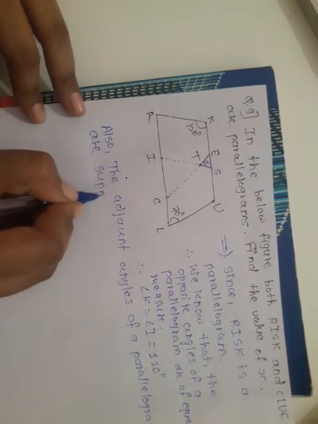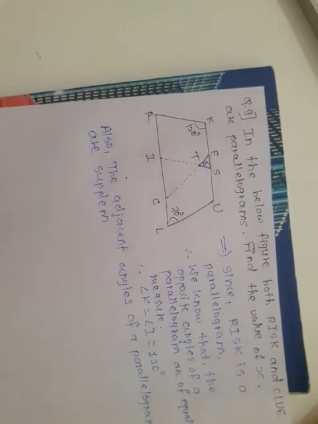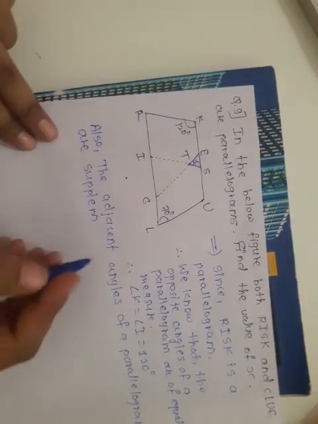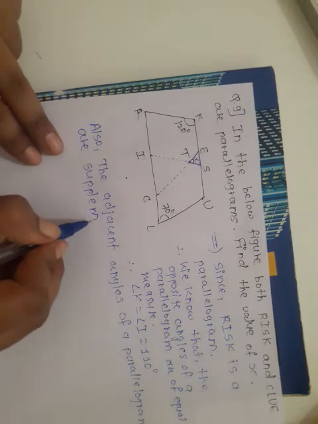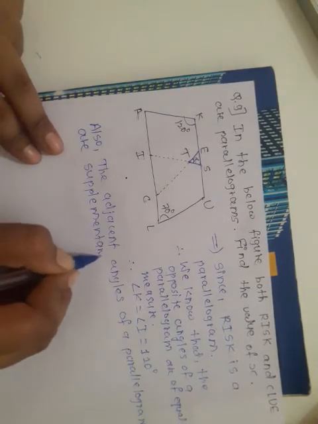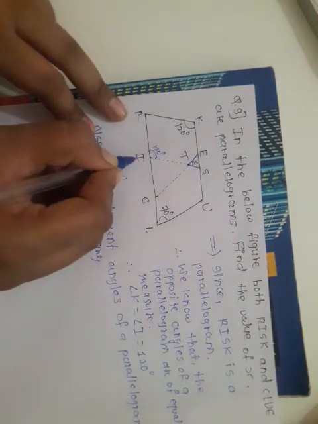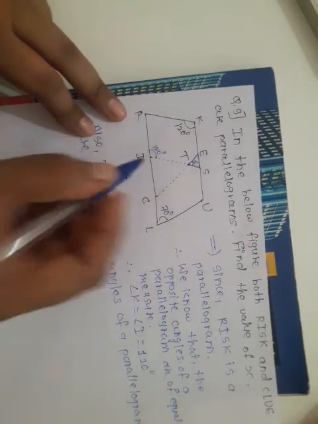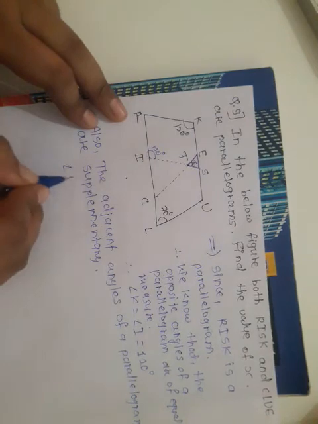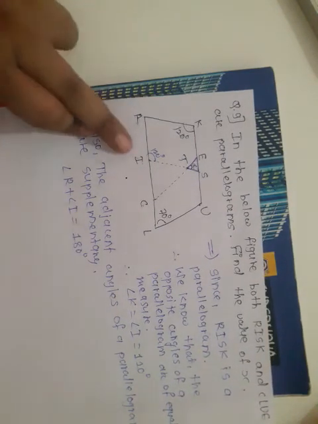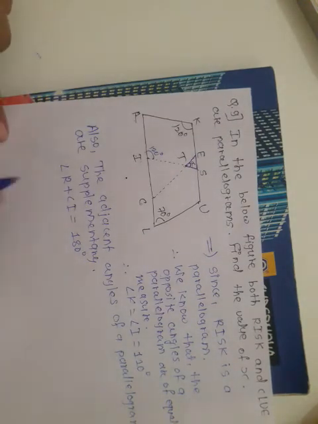Remember the properties of a parallelogram: the opposite angles are equal, and the adjacent angles are supplementary. If angle I is of measure 120 degrees, then angle R and angle I are supplementary angles, which means angle R plus angle I is equal to 180 degrees.